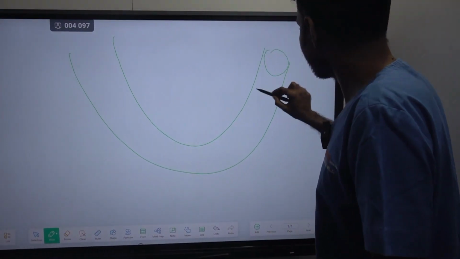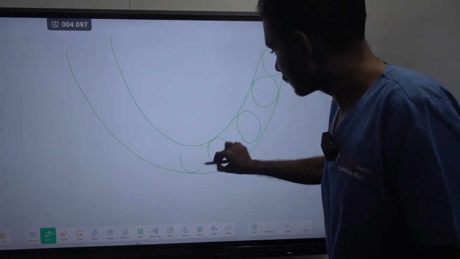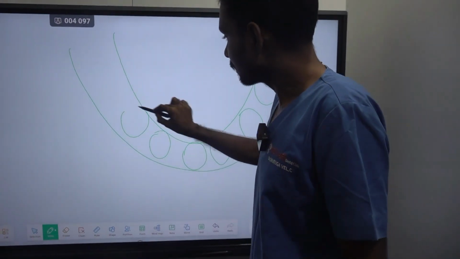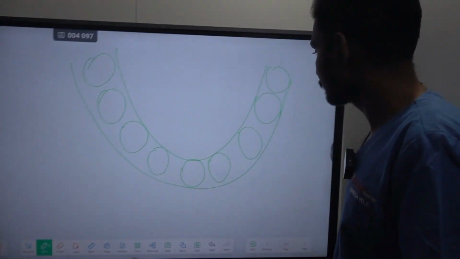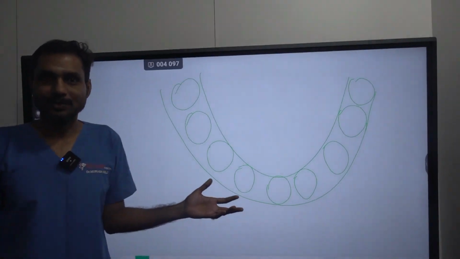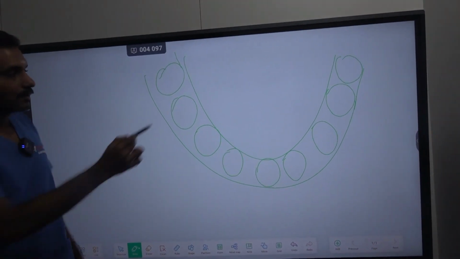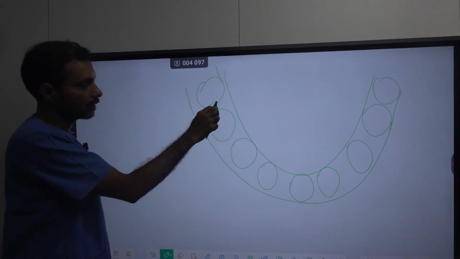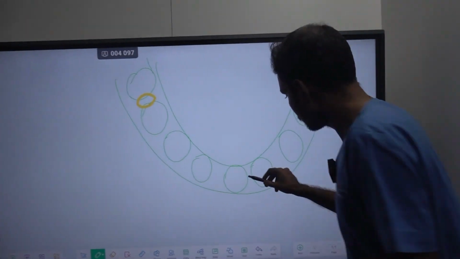We're placing a wider diameter implant like this. 8 implants, 10 implants. Now the implant is there, but where is the bone? How will the blood go? This part is left without any bone. See here, it is a very thin island.